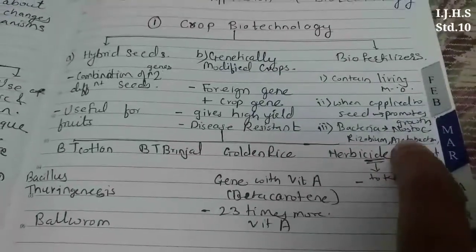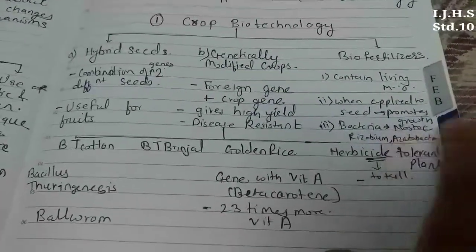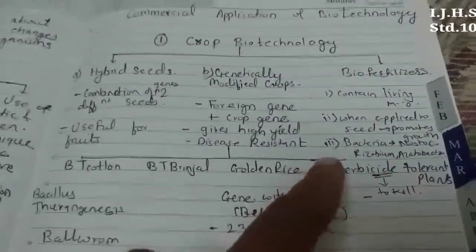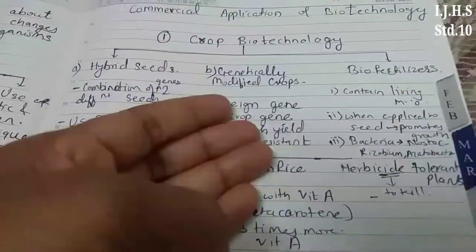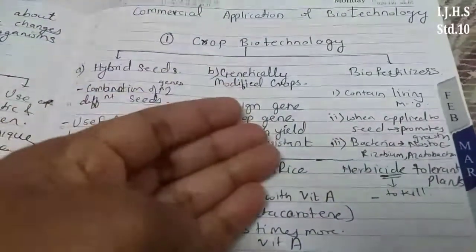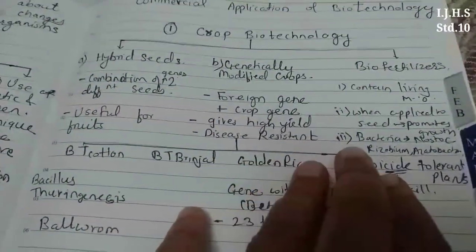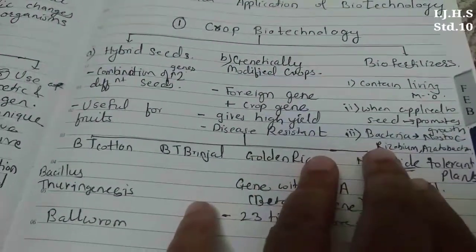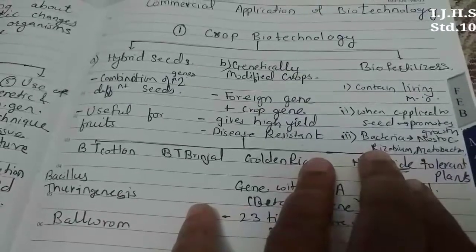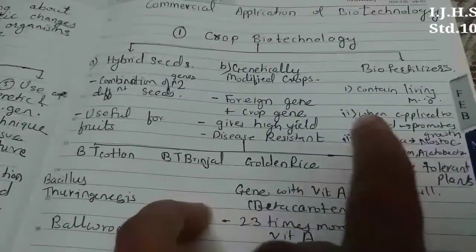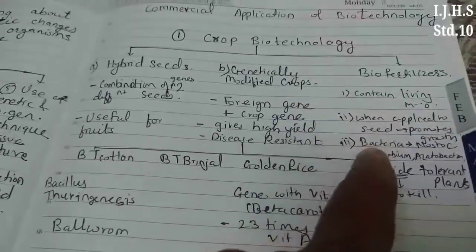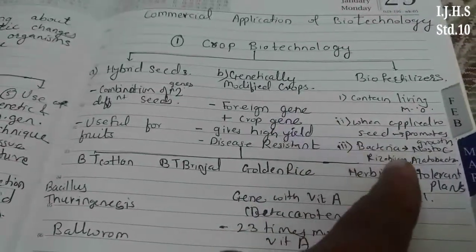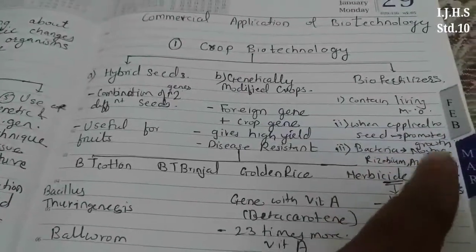Because plants require nitrogen, and in the atmosphere nitrogen is 75 to 78%, but it is in free form. That free form nitrogen is not good for the plant. So these bacteria play an important role, children: they convert that free nitrogen from the atmosphere into nitrate, nitrite and amino acid compounds and make it available for those plants.